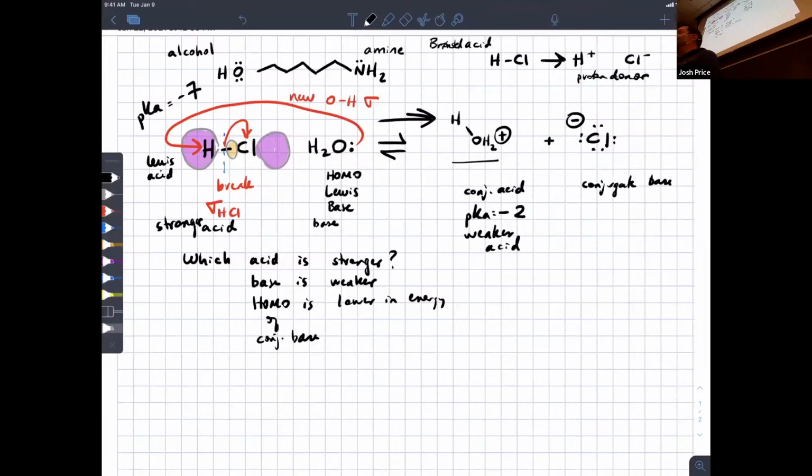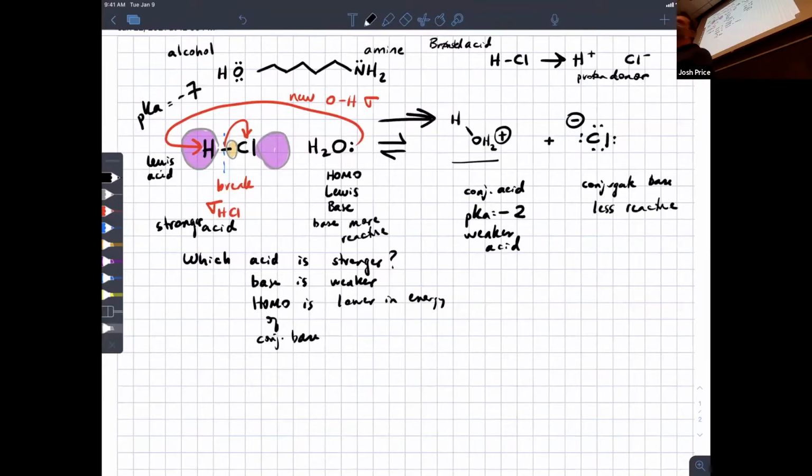Which conjugate base is more reactive, water or Cl minus? You say water is more reactive, whereas Cl minus is less reactive.